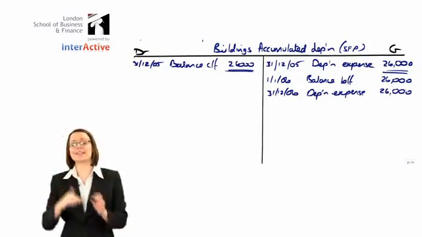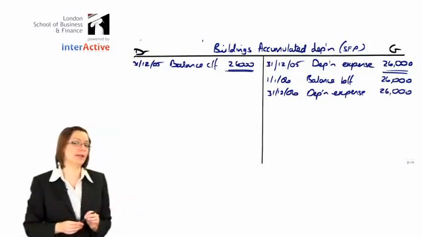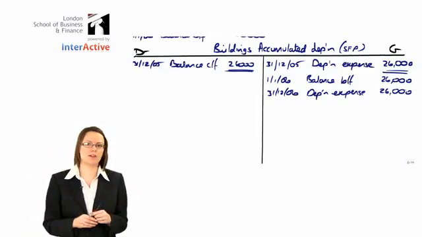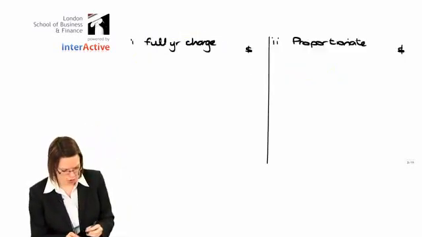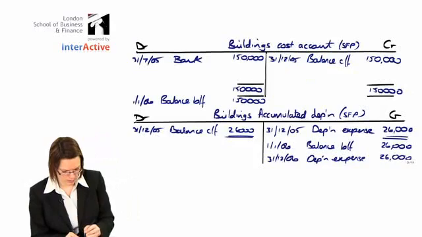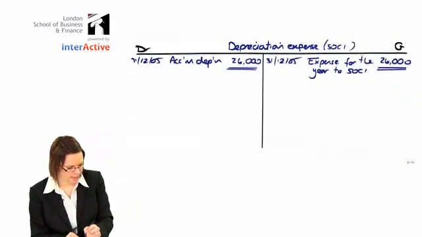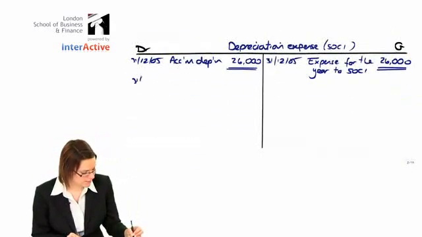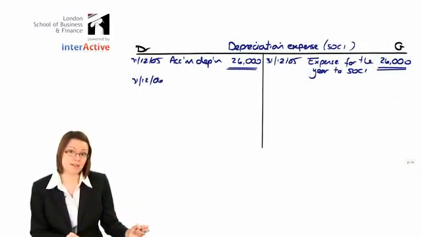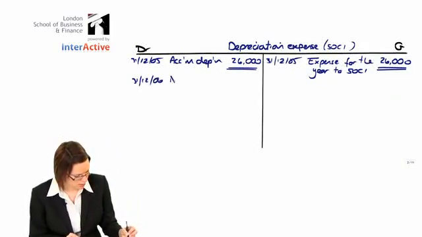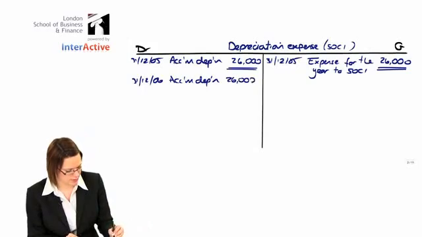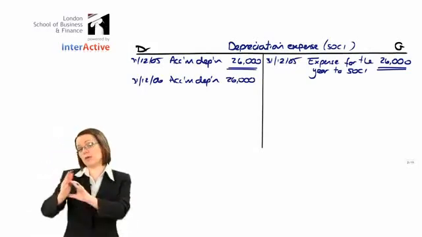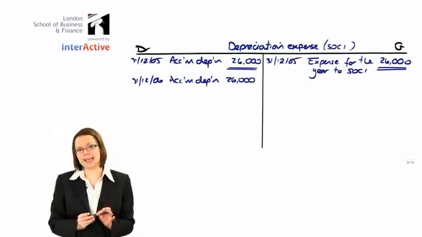And that's going to get added to the brought forward balance or opening balance. I'm then going to take the debit entry to the depreciation expense account, 31st of December 06, accumulated depreciation for that year of 26,000. That would be your postings for 2006.